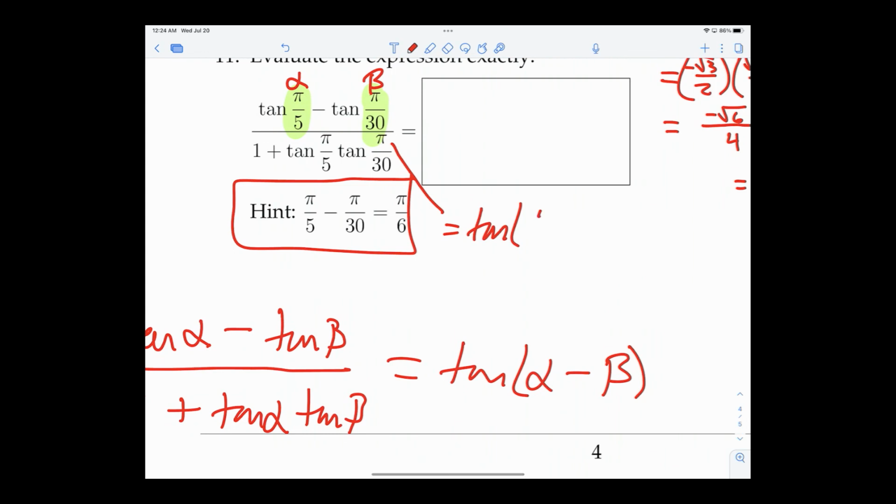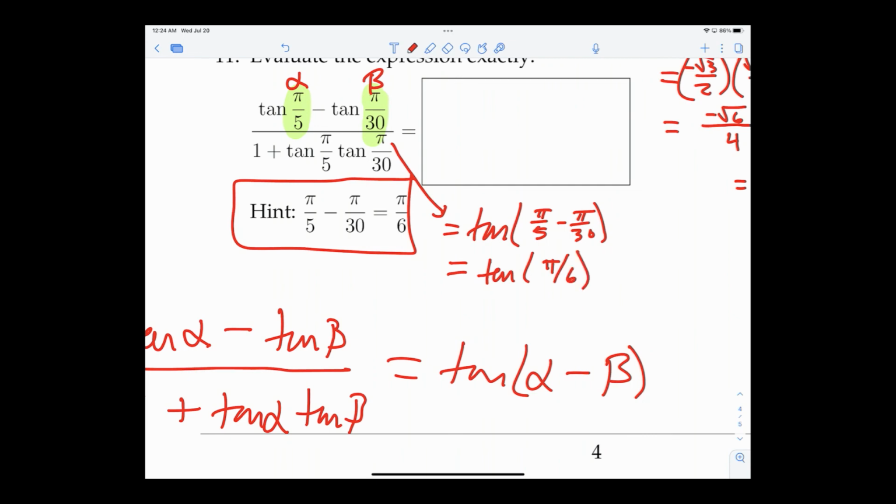So the tangent of pi over 5 minus pi over 30, according to the identity. And then, as my hint said, pi over 5 minus pi over 30 is pi over 6. So this is tangent pi over 6.